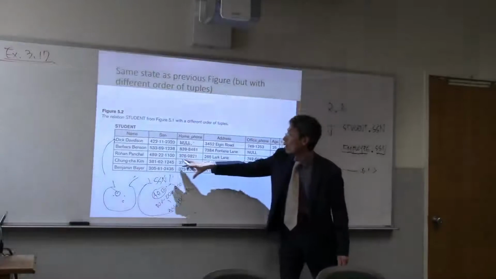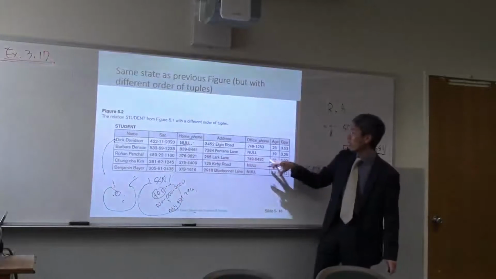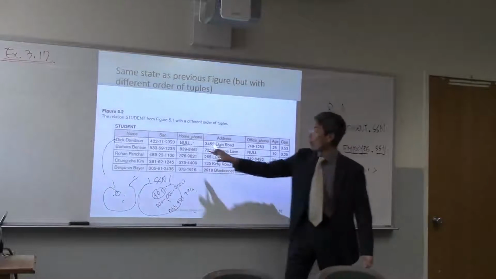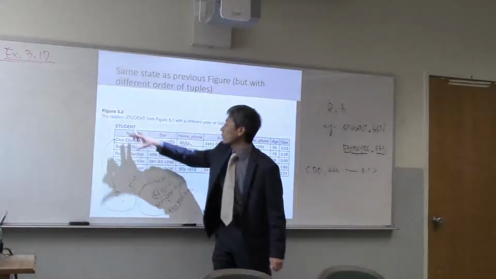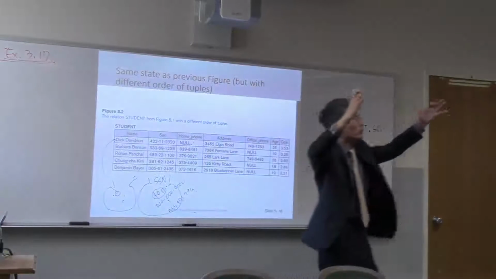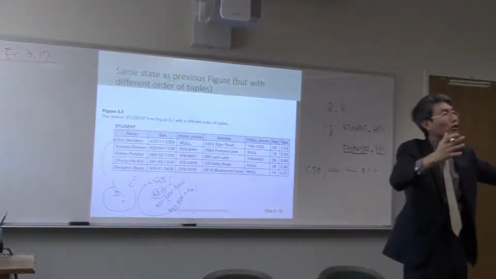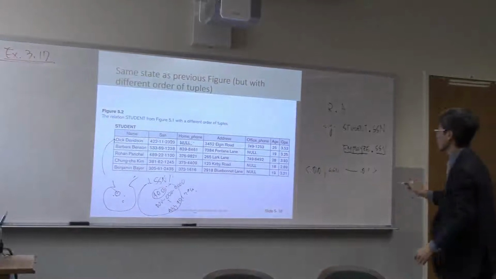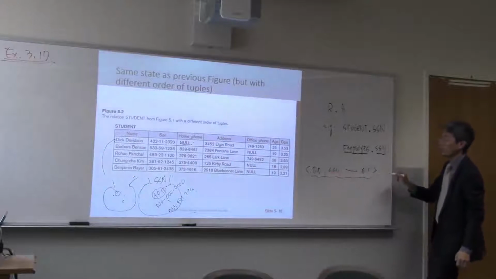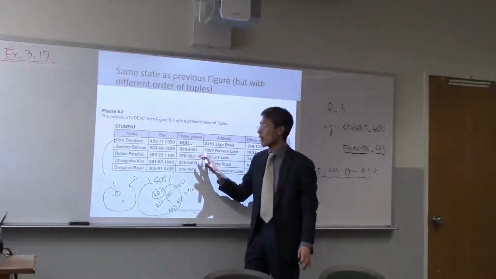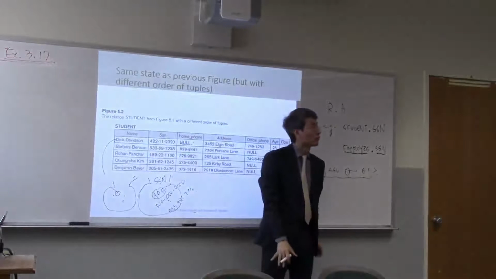For example, Rohan Panchar has the home phone number. So all tuples should have the common attributes, right? Think about the entity, then we can group into an entity type, right? If Dick Davidson does not have a home phone number, their format is not the same as the other students, right?